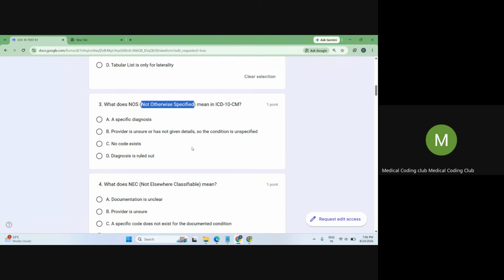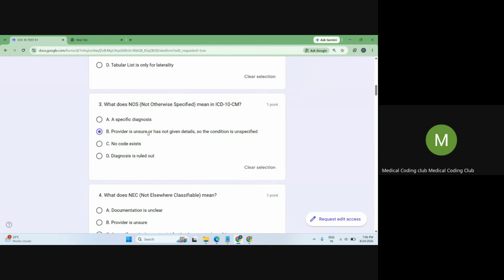Likewise details he is not giving. So at that time you cannot assume it's an acute cough or a chronic cough or a persistent cough. You have to go with cough unspecified. So the provider is unsure or has not given enough detail, so the condition is unspecified. Again option B is the answer.